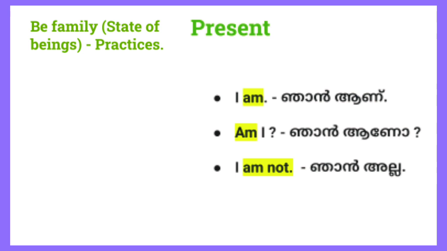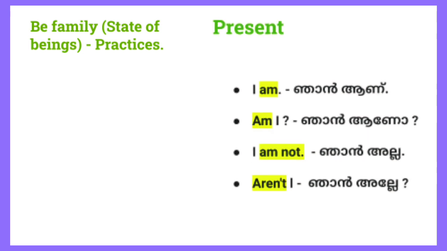So what is the question form of am not? Yeah, aren't I. Not amn't I, that is not used. Yeah, here is a special case. So, aren't I? Aren't I? So, let's take all together. I am. Am I? I am not. Aren't I? Okay, let's see with full examples.